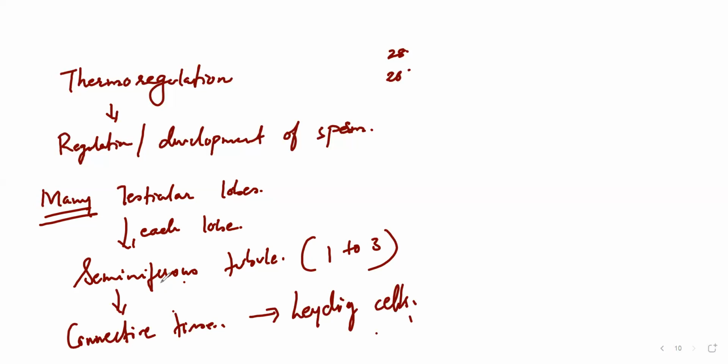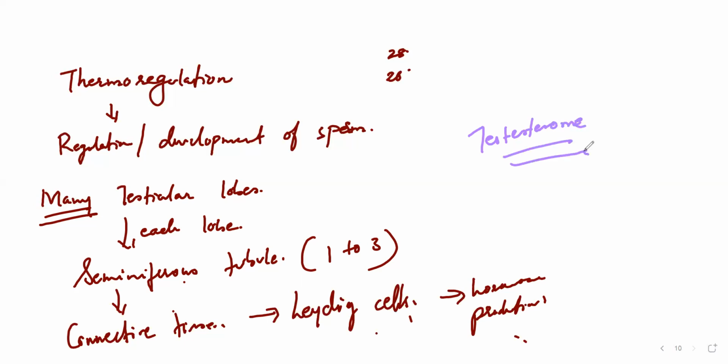What is the function of the Leydig cells? Basically hormone production. And which is the male hormone? Testosterone. The male sex hormone is termed testosterone. This hormone is responsible for the primary and secondary characteristics in a male during puberty and after it also. This is the first part.